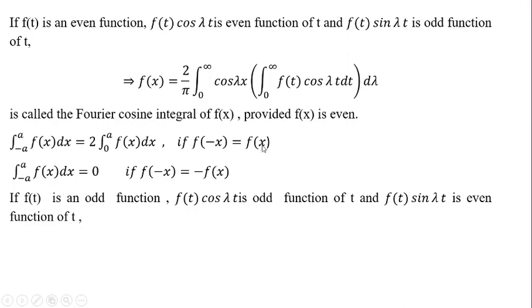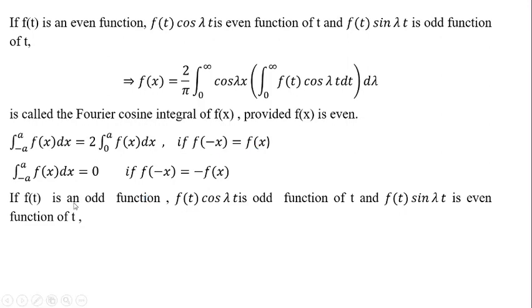This is the condition for an even function. Whereas this will become 0 if the function is odd. So the integral which contains the term f of t into cos of lambda t will reduce to 2 times 0 to infinity, whereas the second integral in the previous equation will reduce to 0.